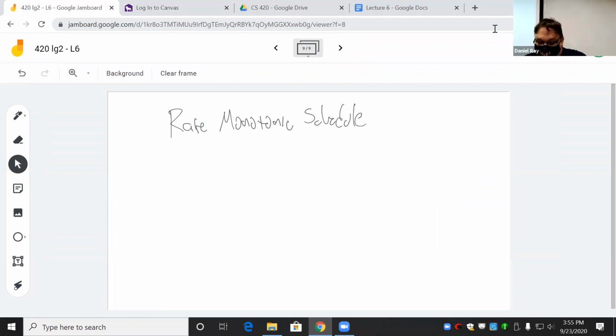Basically what that means is the shorter the period, the higher the priority. Shorter the period, the higher the priority.